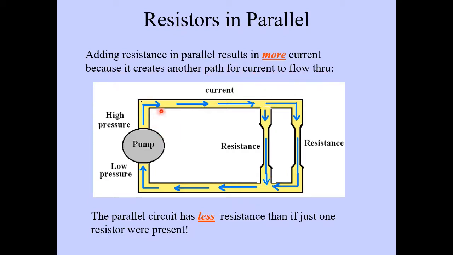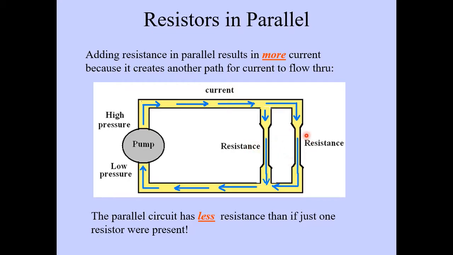So let's go back to our water analogy. Remember we had a pump here, and that pump is pumping water around this circuit here of tubing or pipes. Well, the resistance here is where the tubing gets really narrow. You can think of this like a little straw, like a drinking straw, where it's hard to force the water through there. So this kind of limits how much current can flow, how much water can flow.